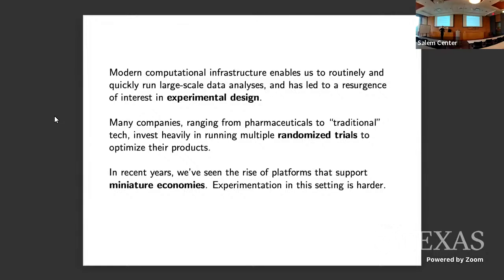One of them is that we now often run experiments on very large data sets, so you can hope to estimate heterogeneity, find things that you couldn't find in smaller traditional, say, site studies. And another thing is that we're now running experiments in very complicated settings, almost like miniature economies where everything is interconnected. And this really pushes us outside of the realm of traditional treatment effect estimation theory.